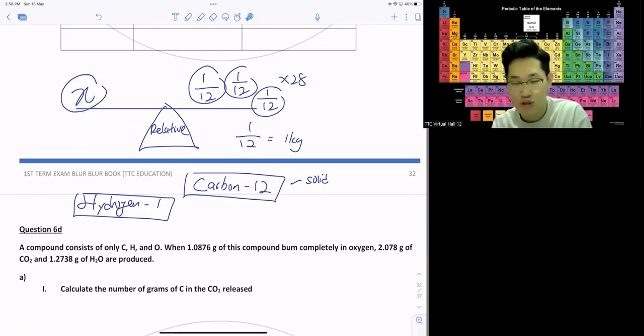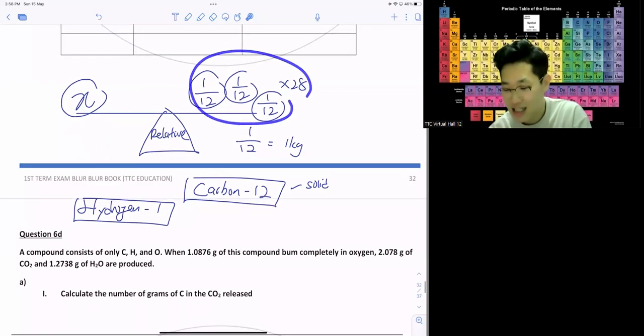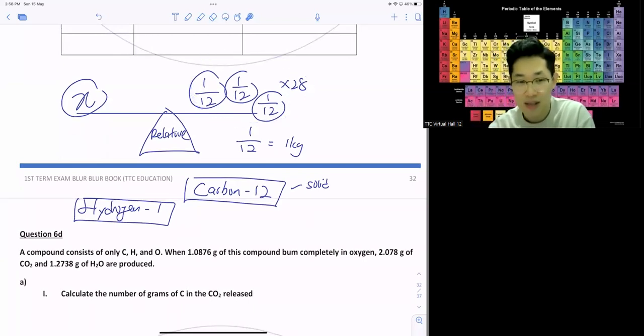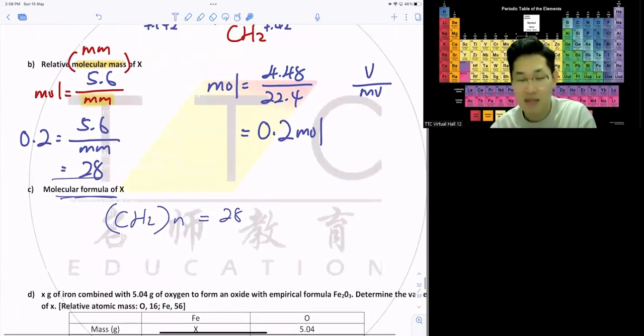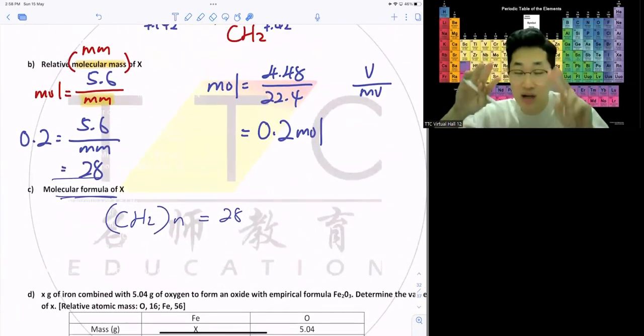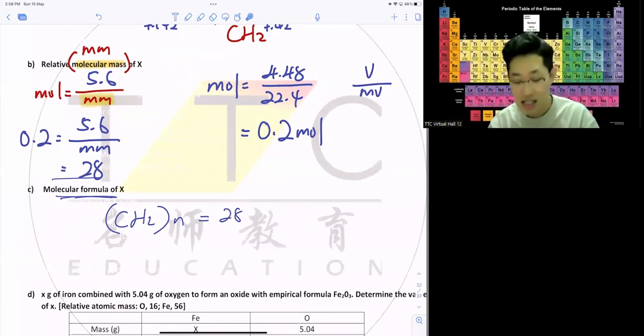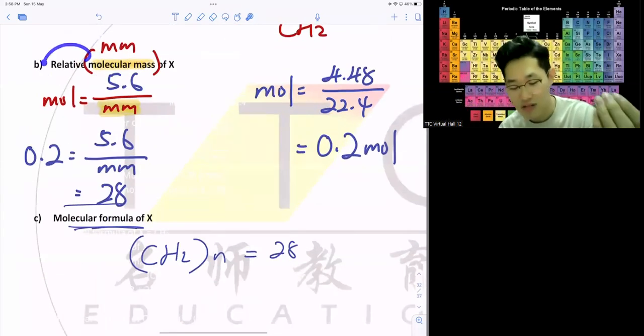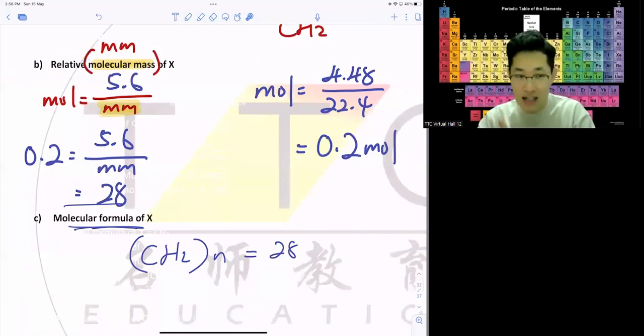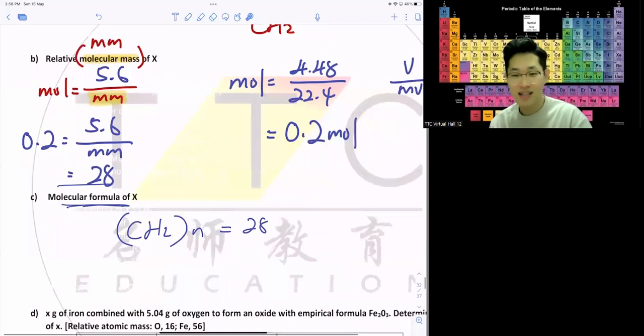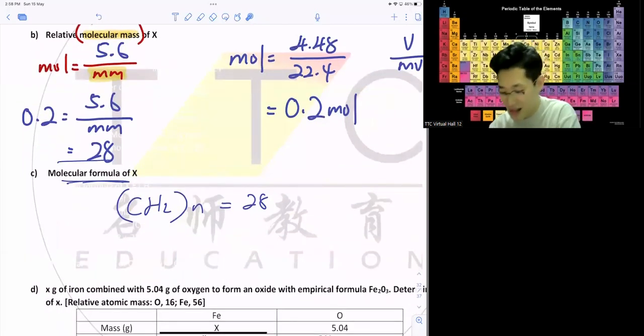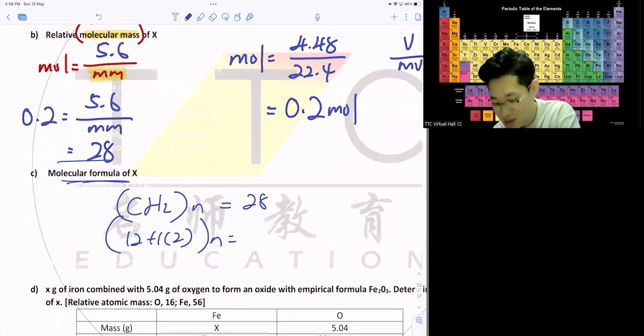So relatively, I'm 3 times heavier than he is. But from the experiment, I also know that I'm actually 3 kg. So I can use it as mass as well. That means they are the same thing. 3 pieces is equal to 3 kg. When they write the word relative, you don't put the unit. No relative, then you put the unit. Just like that. So this one, 12 times 1 times 2 times n equals 28.